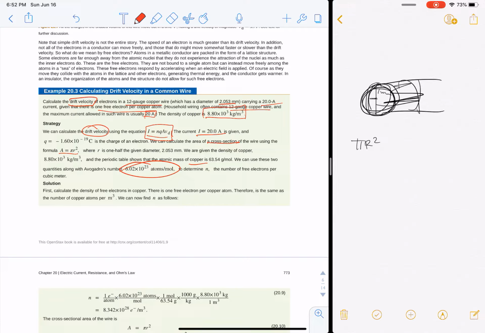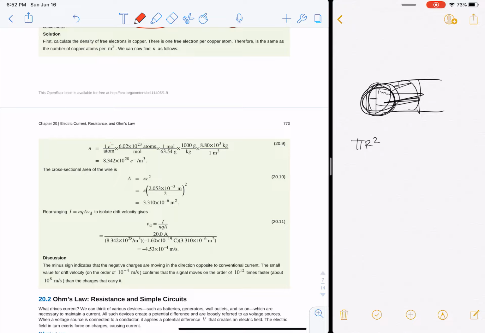So you plug all that in: 1 electron per atom, this many atoms per mole, 1 mole per 63.54 grams according to the periodic table for copper, then a conversion factor to kilograms, and kilograms per meter cubed. Now we have our count of this many electrons per meter cubed. That's the density of electrons.